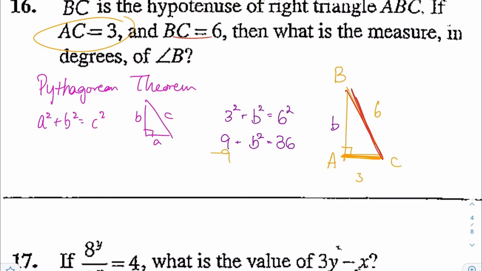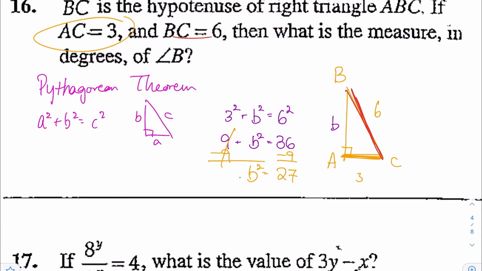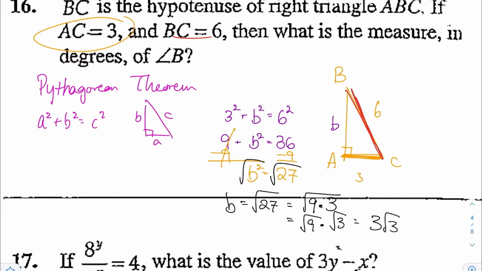Then you subtract 9 on both sides. You get that b squared is equal to 27. And then if you do the square root on both sides, you get that b is equal to the square root of 27. And to simplify that, you would find the biggest perfect square factor, which is 9. And you can split this into 2 pieces, and that's going to be equal to 3 root 3.